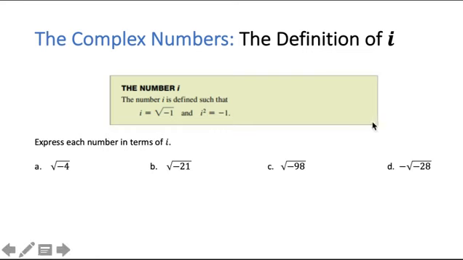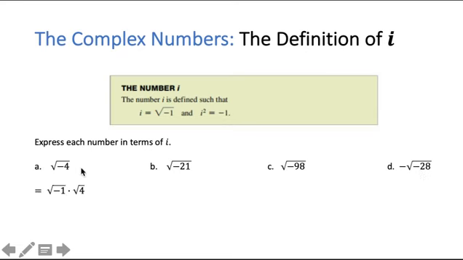So now that we've defined i as the square root of -1, we're going to express each one of these numbers in terms of i. So think about these 4 questions: the square root of -4, square root of -21, square root of -98, and negative square root of -28. Let me show you how you should be thinking about these problems.